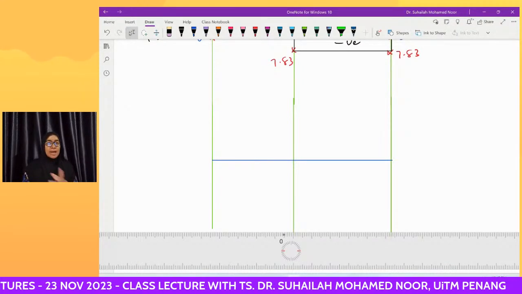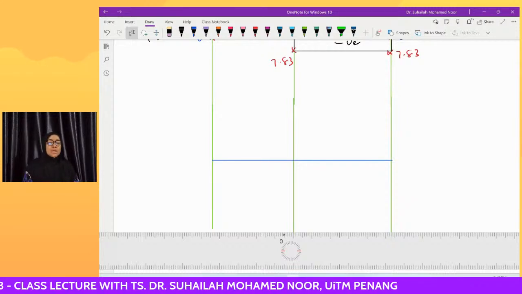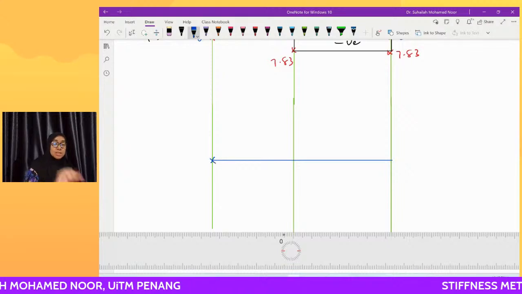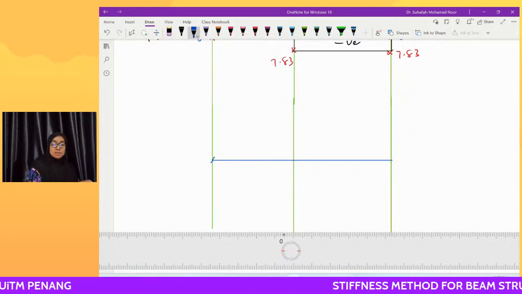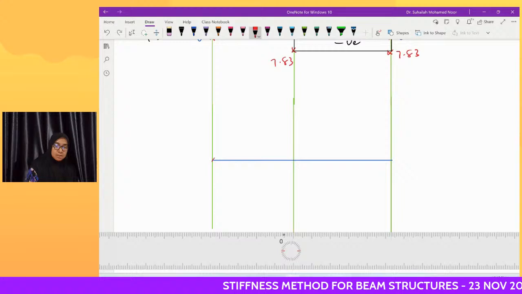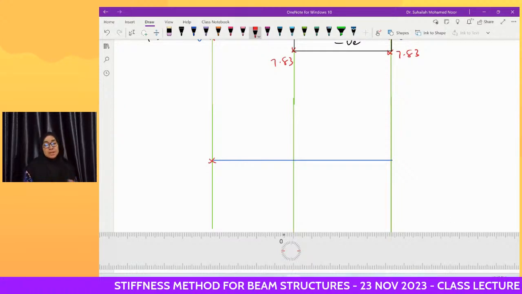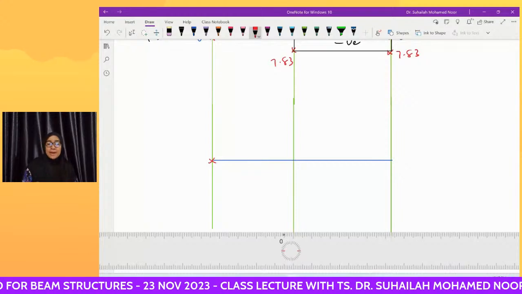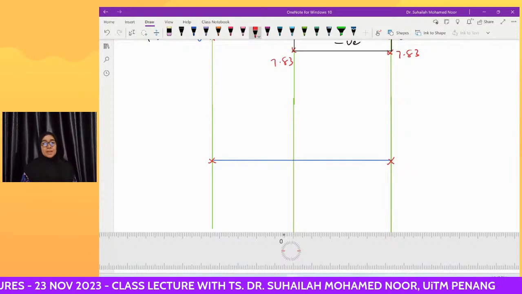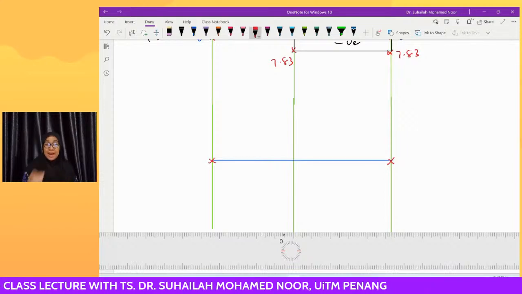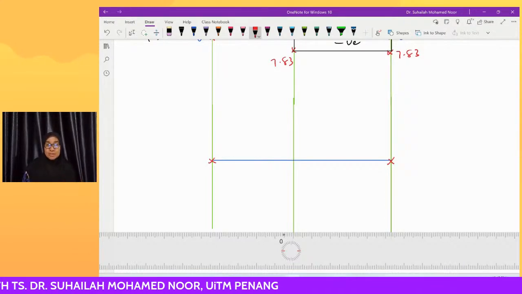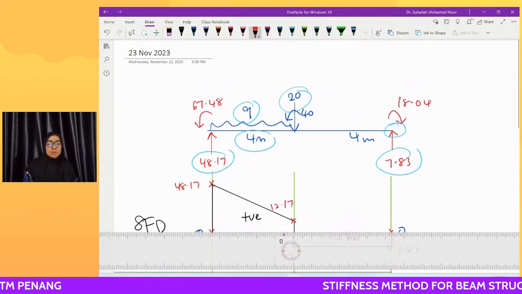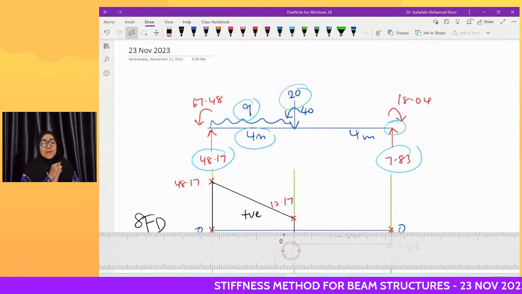The first point in the diagram is this 0 point here, and the last point is also 0. So look at the value.